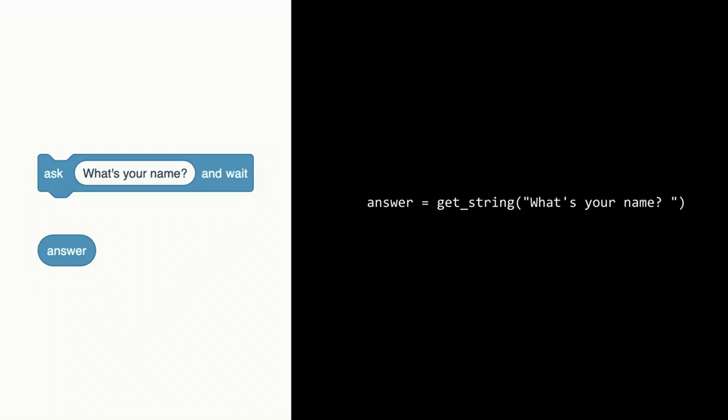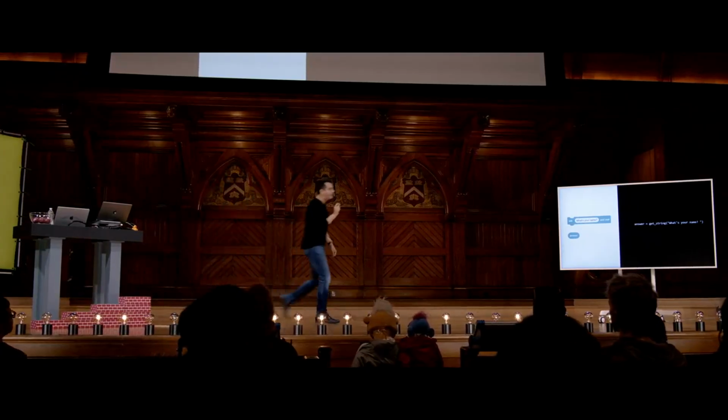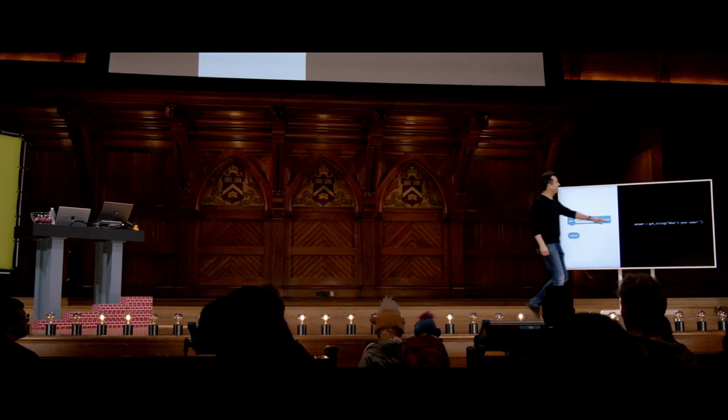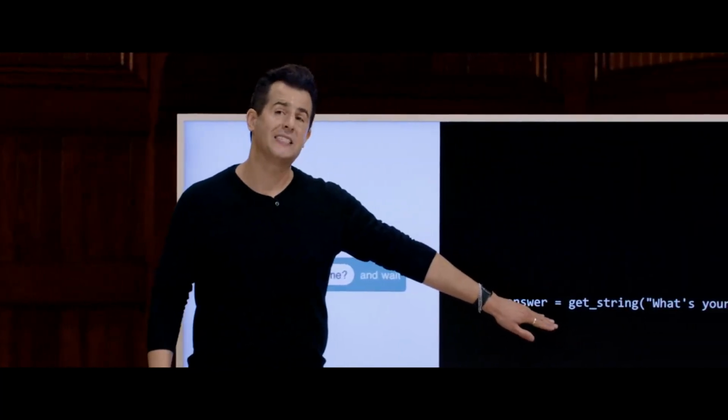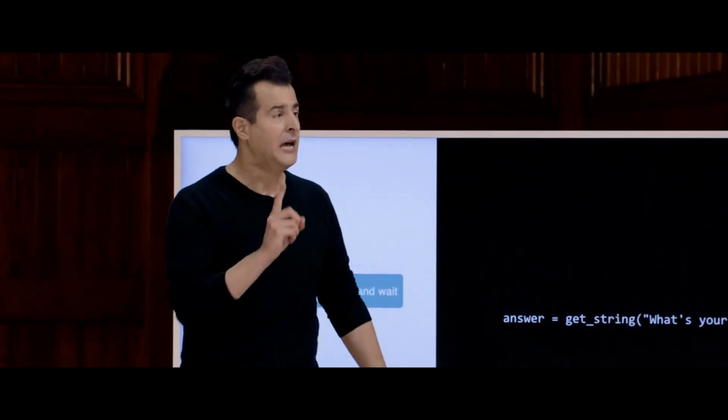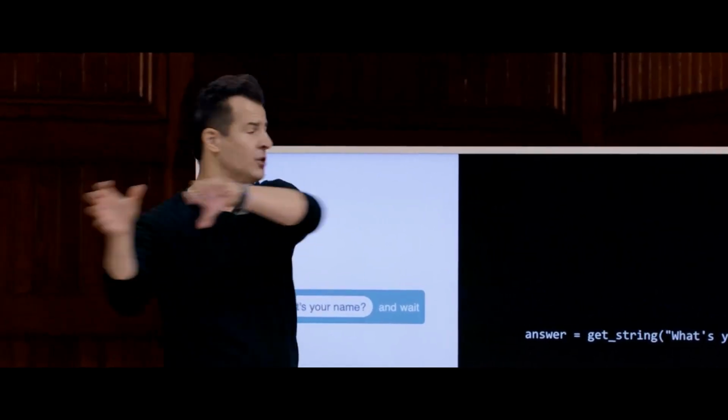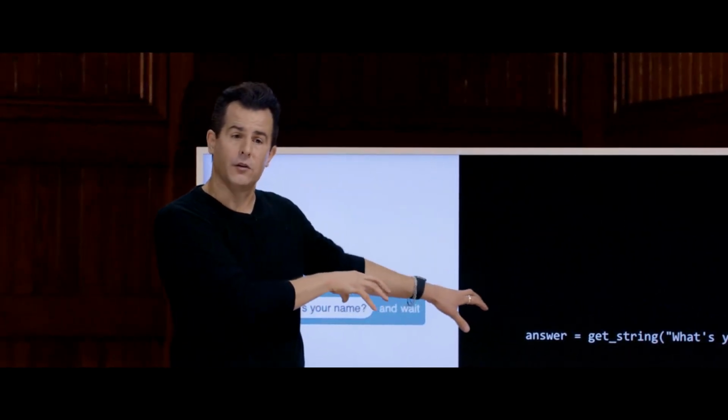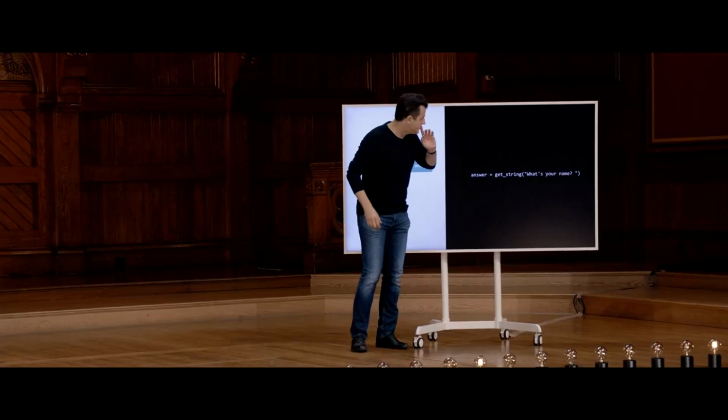I could have called this anything, x, y, z. I'm going to more descriptively call it answer for parity with what MIT did with Scratch. But notice that this doesn't represent equality per se. This is assignment in this case. So in C, when you use a single equal sign, that means copy the value on the right over to the value on the left, from right to left.